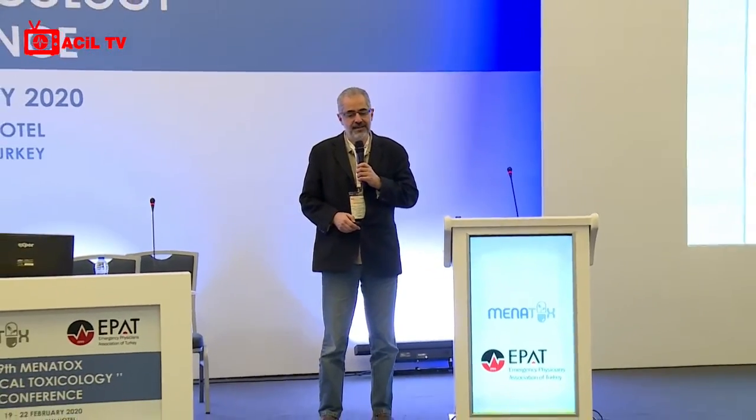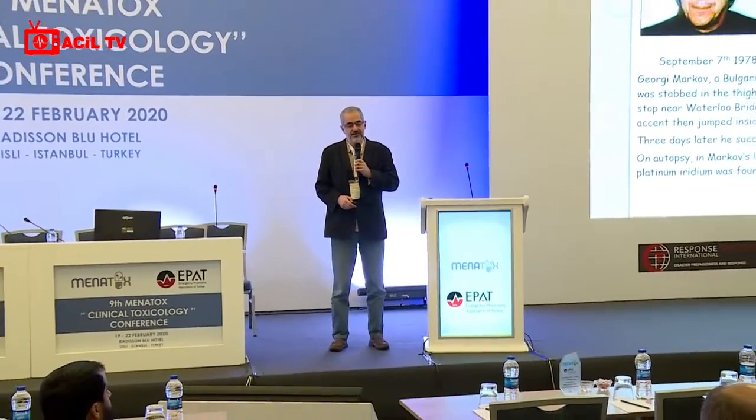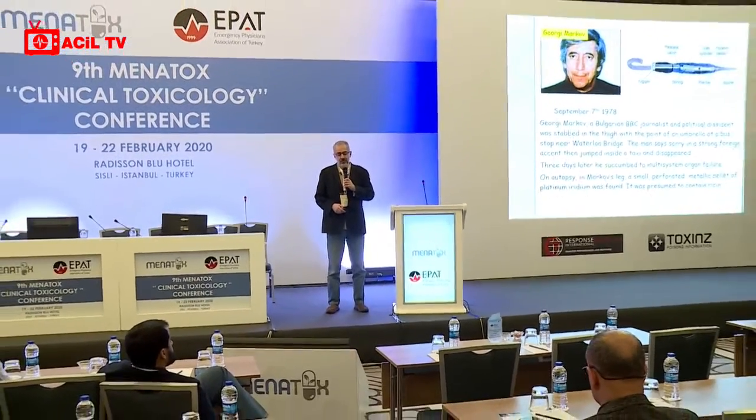So the story started in 1978, and you know that the first person to have been poisoned with ricin, or supposed to have been poisoned with ricin, is Markov, a BBC journalist, but from Bulgarian origin, and he was stabbed in the thigh with an umbrella while waiting for the bus at Waterloo Bridge in London, and he died a few days later from a multisystemic organ failure.